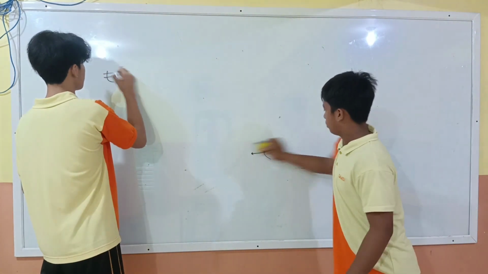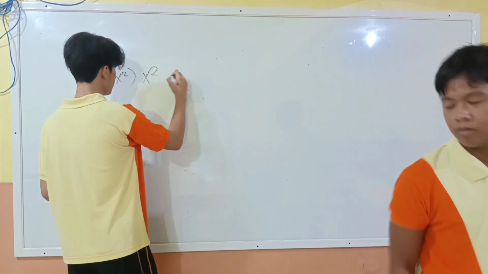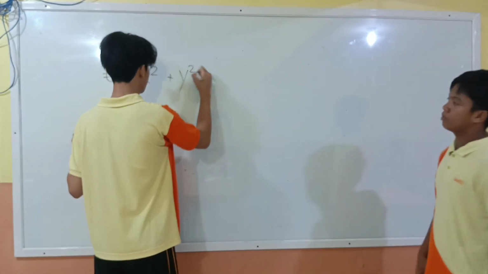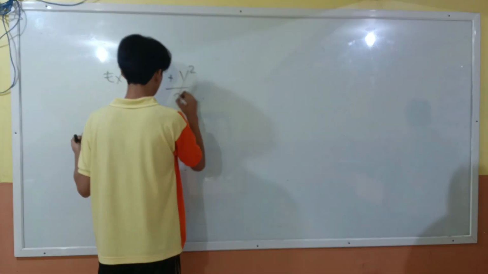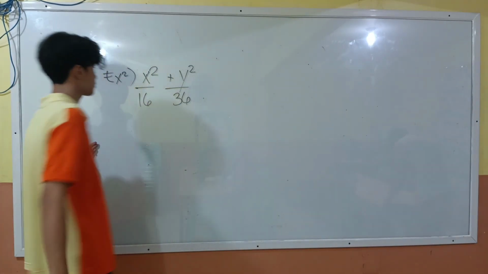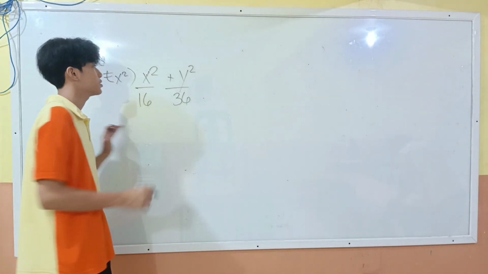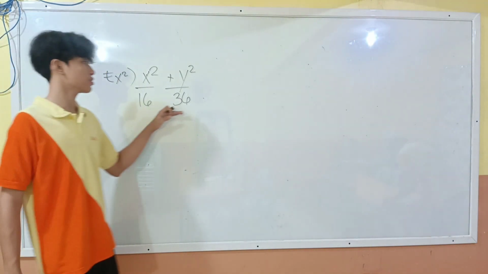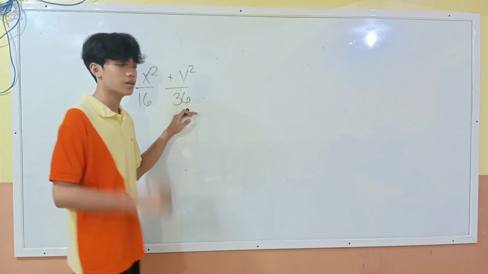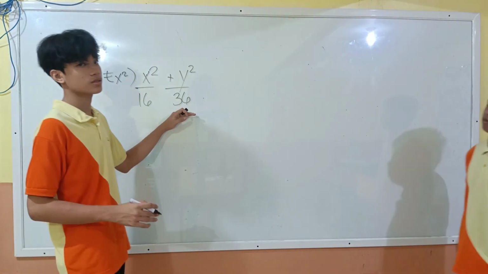So example number 2 is going to be x squared over 16 plus y squared over 36. You would notice that the higher value is on y squared. So this is just one way to determine if an ellipse is going upwards.